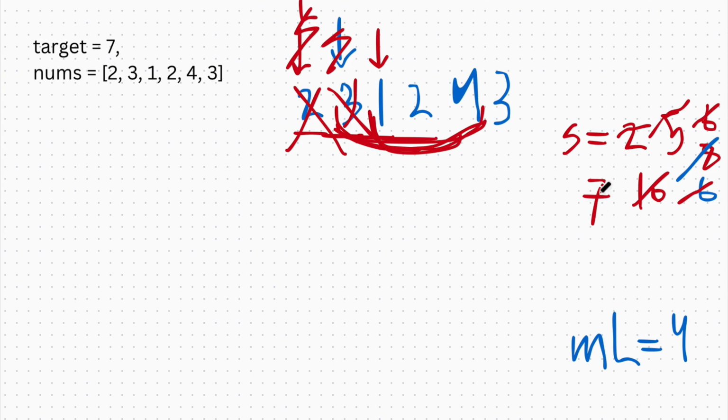Now let's ask, is 7 greater than or less than the target? 7 equals 7, so let's shrink our window again. Now the ML, the minimum length, is the minimum between 4.